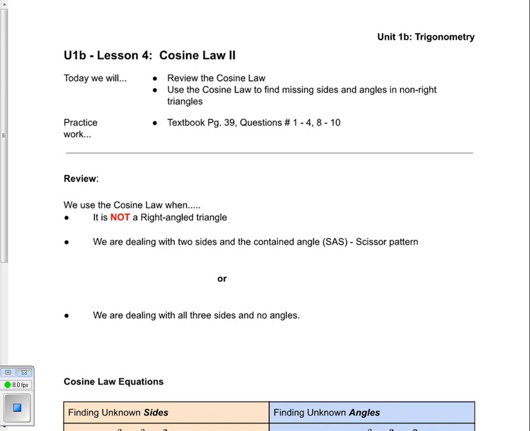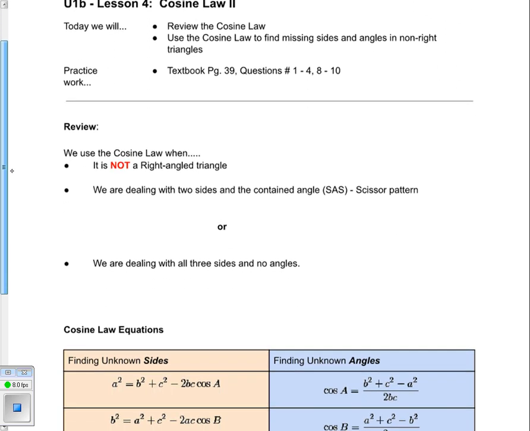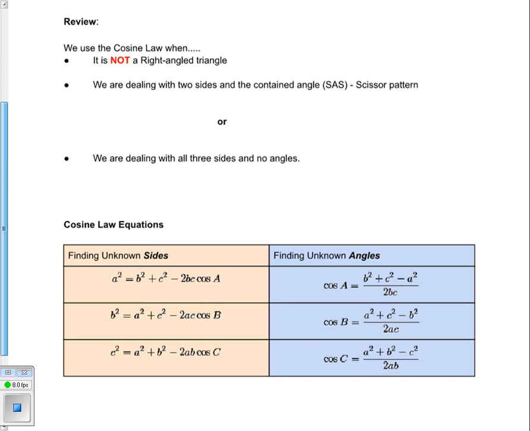Okay? And so as we go through and we're looking at cosine law, really there's two situations in which you can use the cosine law. One is when you're dealing with two sides and a contained angle, so what we had called before as the scissor pattern.